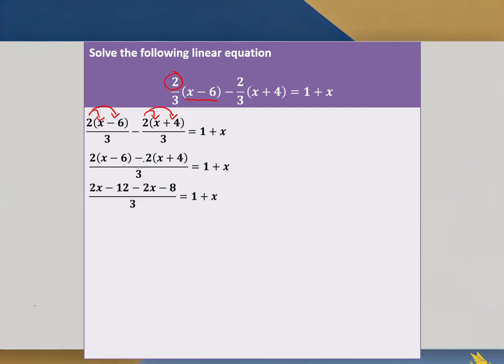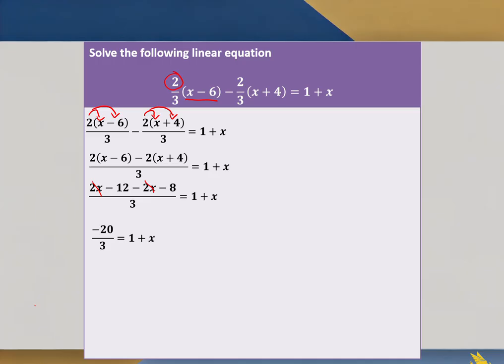Negative 2 times x is negative 2x, and negative 2 times 4 is negative 8. The next step is to simplify as best as possible. I've got 2x take away 2x, so instantly that cancels out. I'm left with negative 12 take away 8, which is negative 20, so negative 20 over 3.